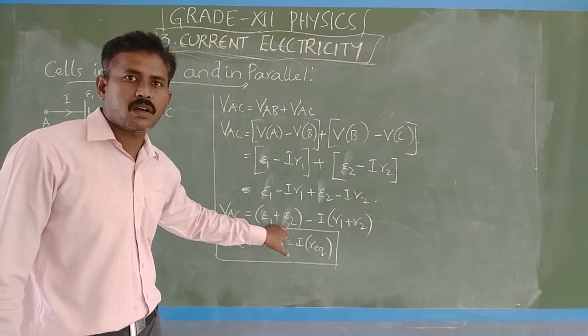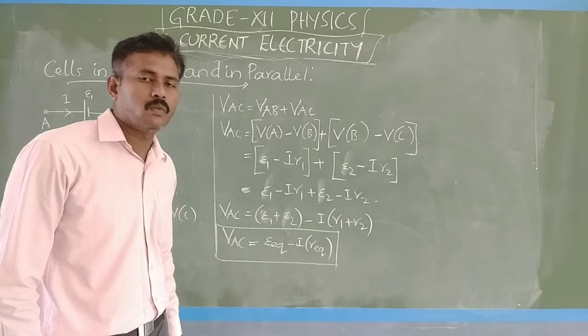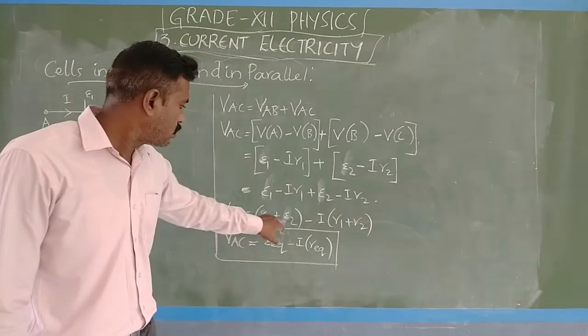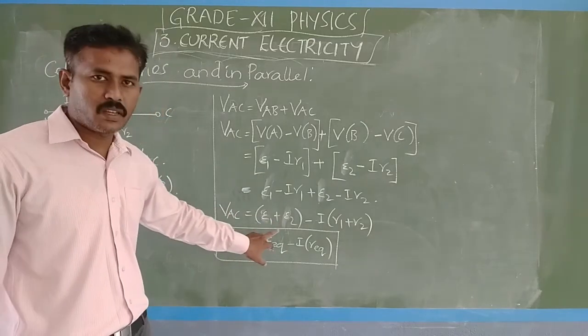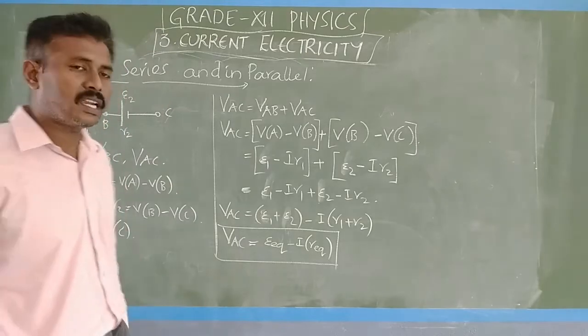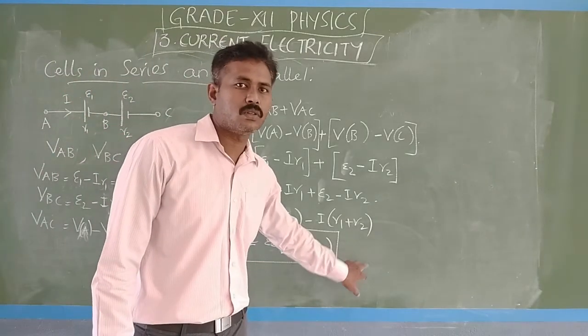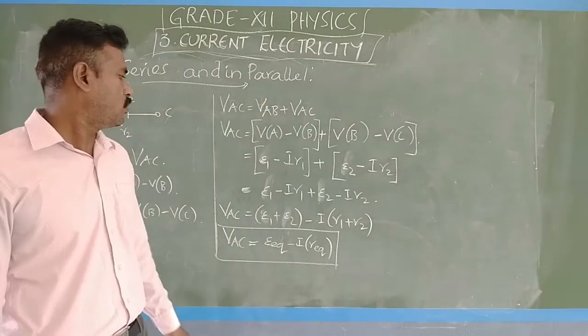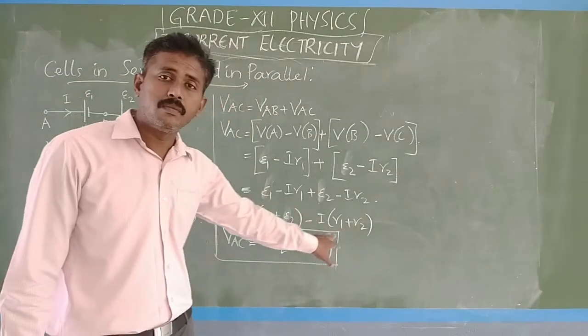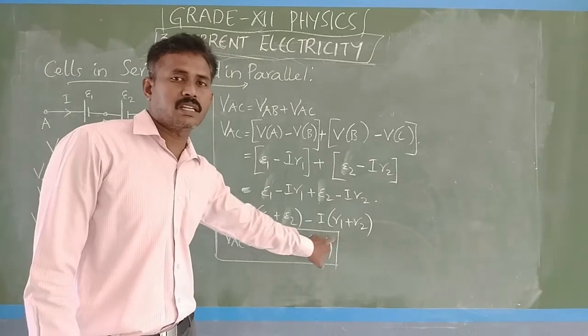When the cells are connected in series, their potential differences are getting added or summed, and their internal resistances are also summed. We are adding their potential differences and we are adding their internal resistances.